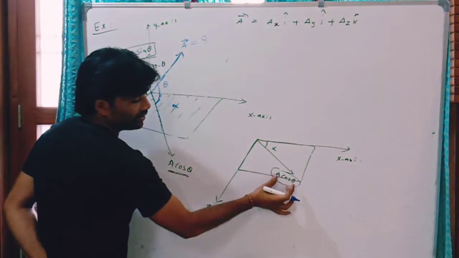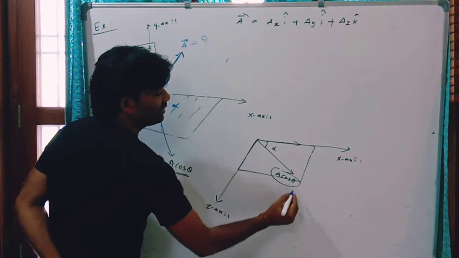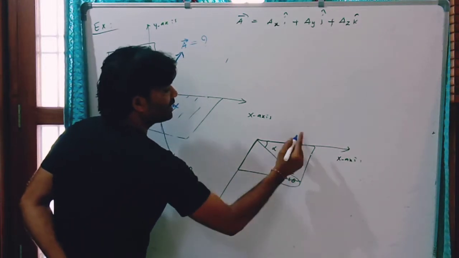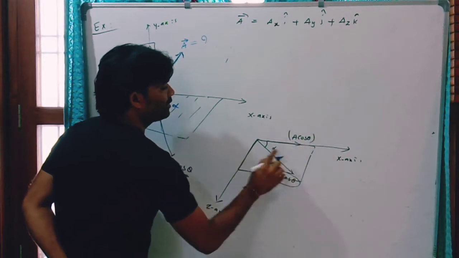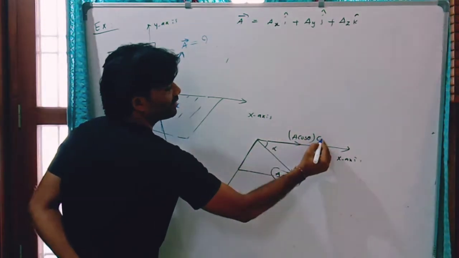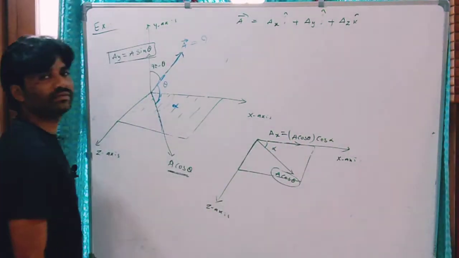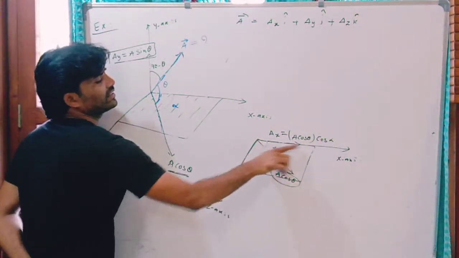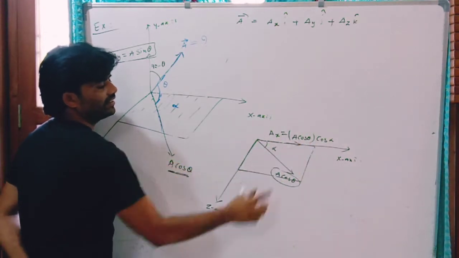If you treat it like a new vector, the component of this in this direction is what? This magnitude into cos of this angle, cos alpha. This is the x component. The component of this along the x direction is this.